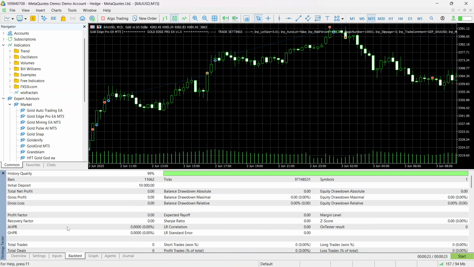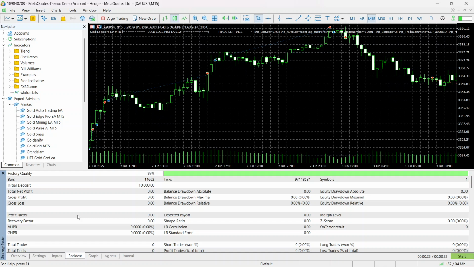Realistic verdict: the EA is probably best for patient traders with small cent accounts who are willing to forward test it extensively on gold demo, monitor it, and accept periods of no activity or potential recovery swings. If you hate watching equity bounce around or need consistent action, this might not be for you.